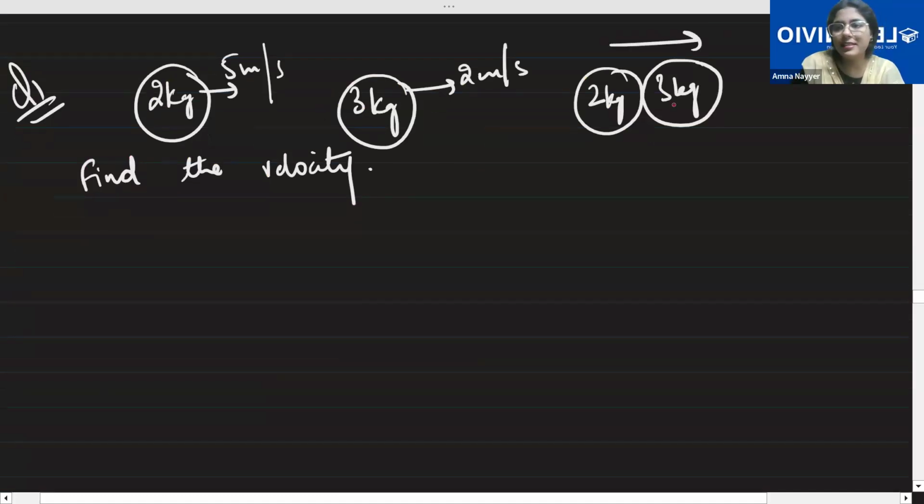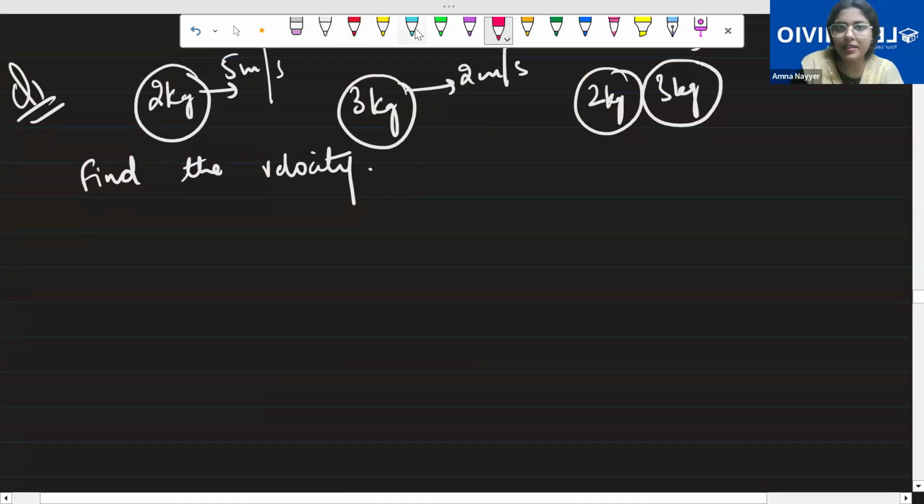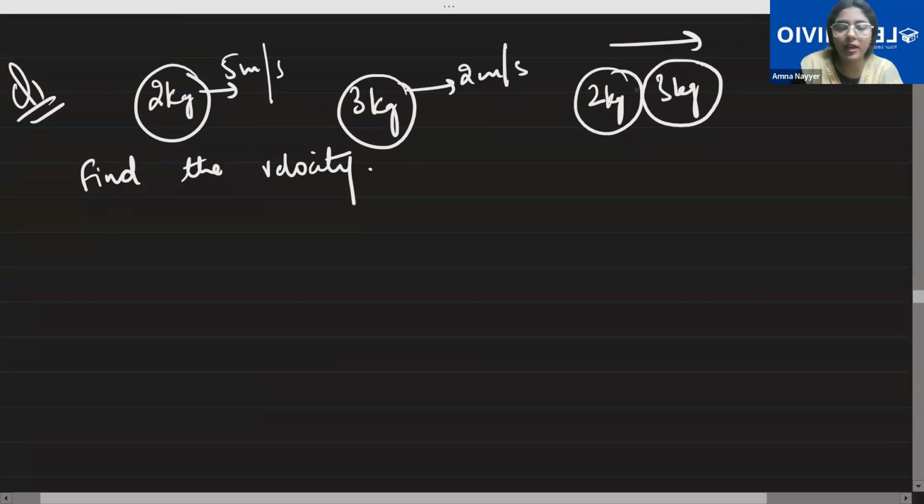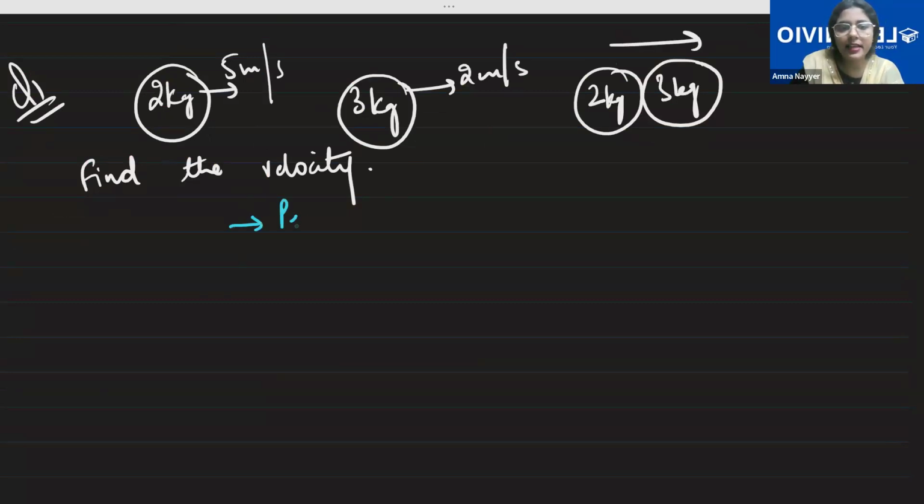Look here, this question doesn't say anything directly, but it gives us a hint that they both stick together. It means this is the case of a perfectly inelastic collision.